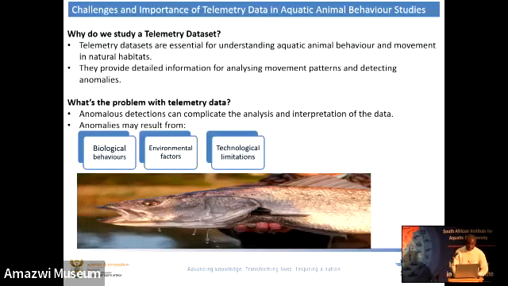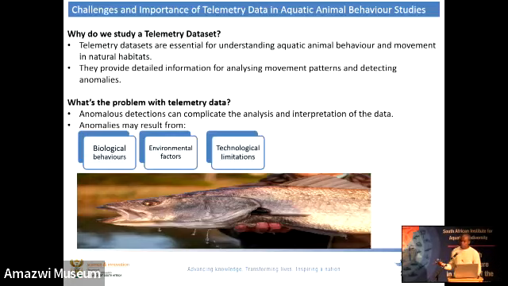One of the questions that you will ask yourself is, what are the problems with telemetry data? Researchers usually aim to gather a lot of data when they are conducting a study. With that, mistakes happen, especially if you're working with a data set that contains hundreds of thousands to millions of detections.